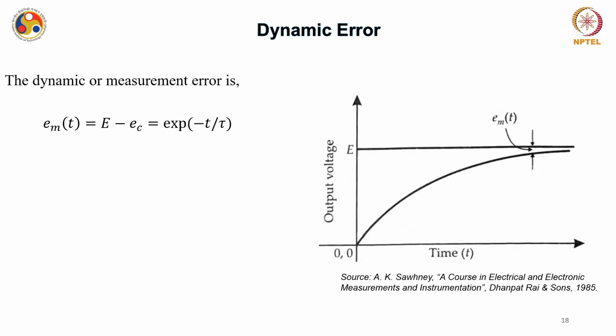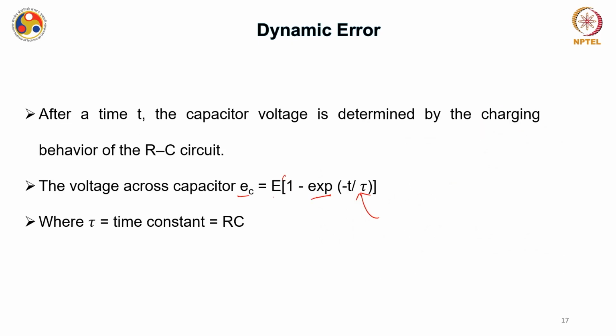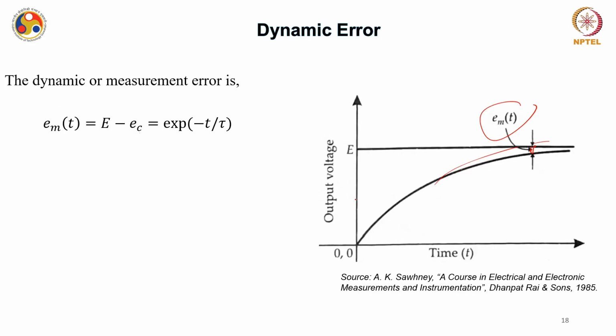Now if you have this kind of system, the dynamic error, sometimes also known as measurement error, can be given as the error between the input and the output. Ideally it should coincide, but it does not. So the error e_m(t) is given as E minus the voltage across the capacitor, and we have seen that the voltage across the capacitor is E into 1 minus e to the power minus t by tau.